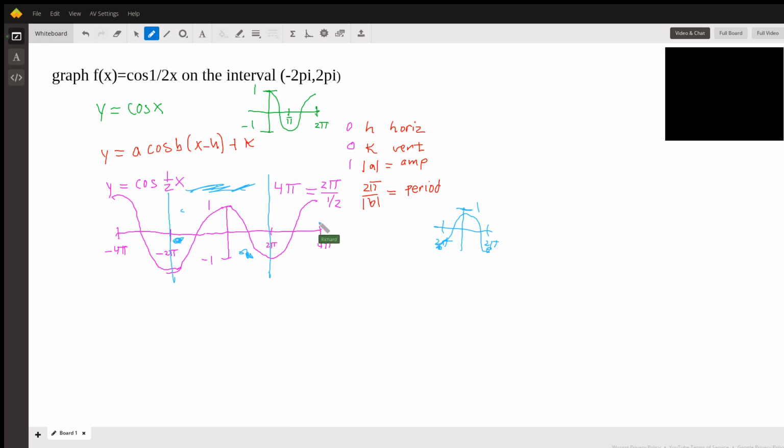And I think that's a good way to think about it. If you studied horizontal scale changes, this is exactly that. It's exactly the same thing that you might have studied with traditional functions. The same kind of effect occurs with trigonometric functions.